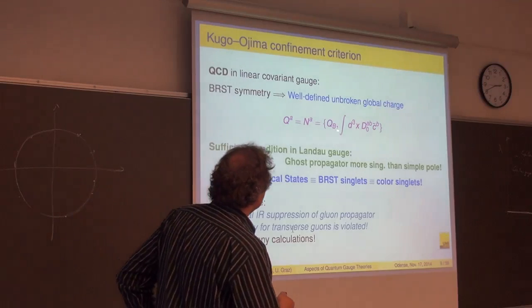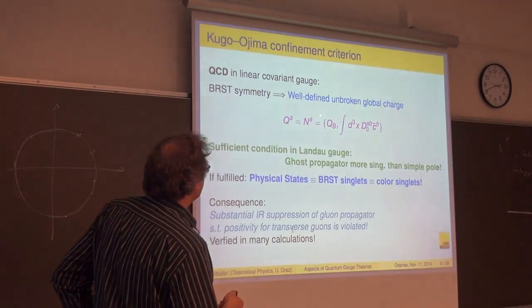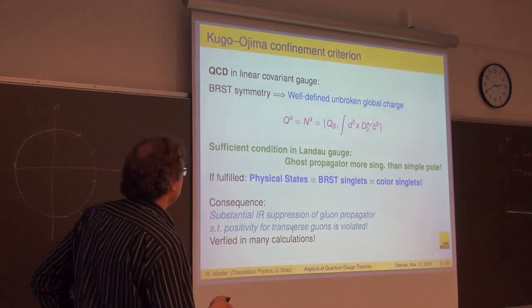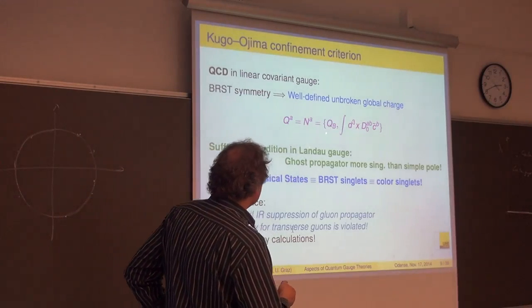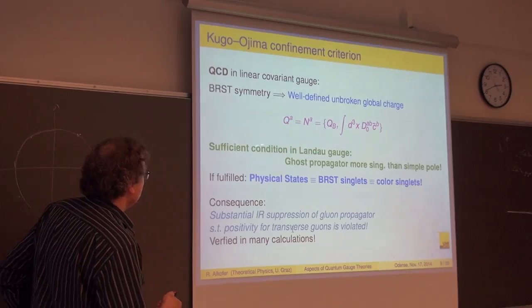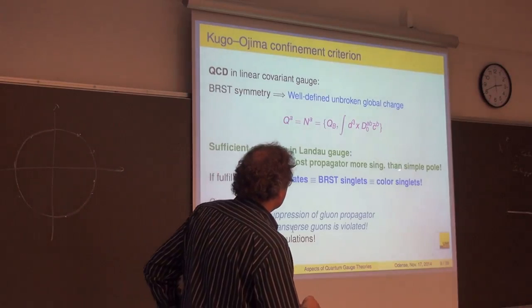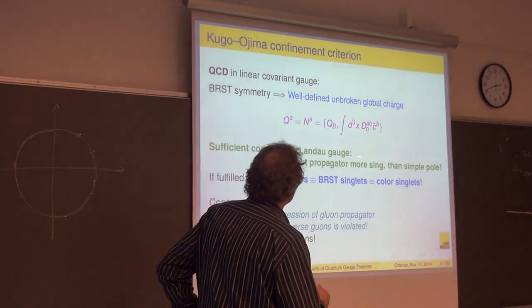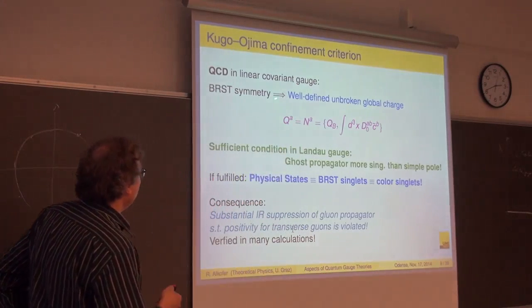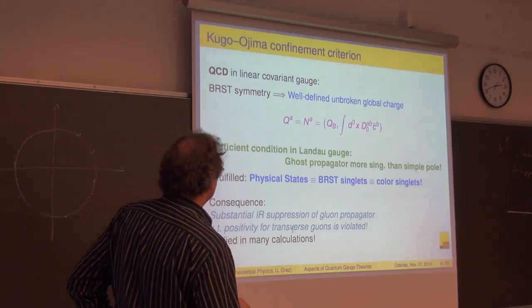So this has a formally precise definition, and if you require this to be unbroken, you can derive conditions. In Landau gauge, it was shown that if the ghost propagator is more singular than a simple pole, you always have such a well-defined global color charge.